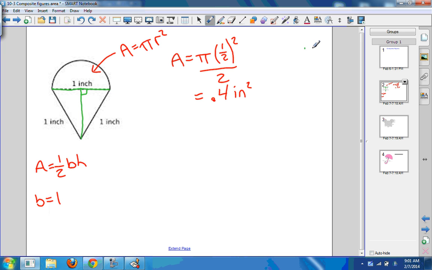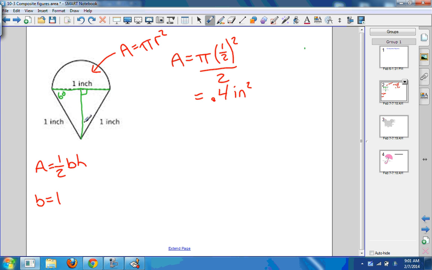There's a couple different ways we could figure out our height. One way is by using SOHCAHTOA, which we learned last chapter. This looks like an equilateral triangle, 1 inch, 1 inch, 1 inch. So that means each of these vertices is going to equal 60 degrees.